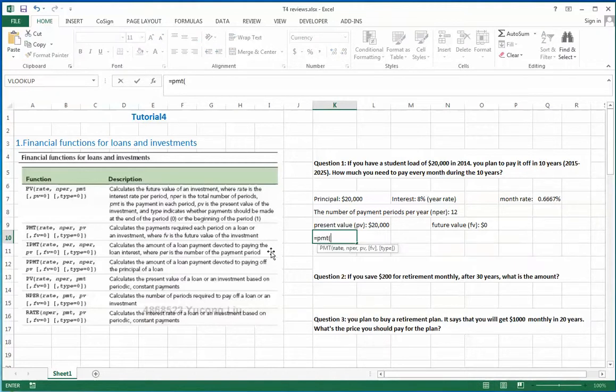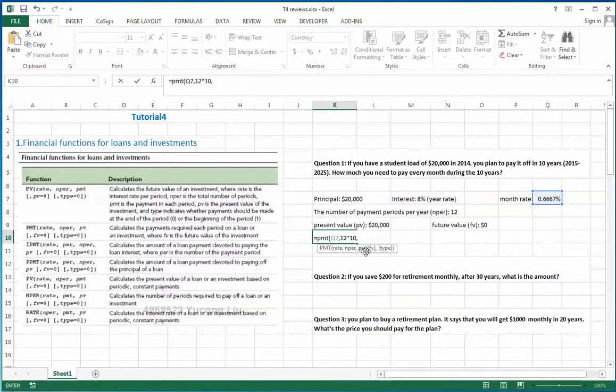PMT. The first argument is rate. Here we need to use the month rate, this one. And then the number of times we need to make payment. We have 12 months a year, and we have 10 years. That will be 12 times 10.